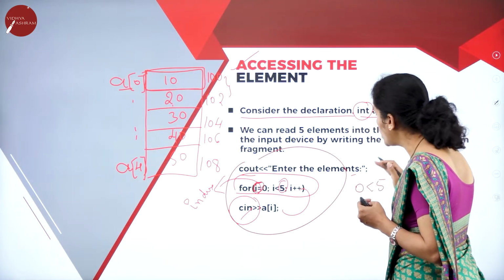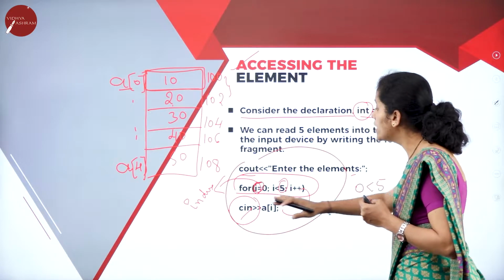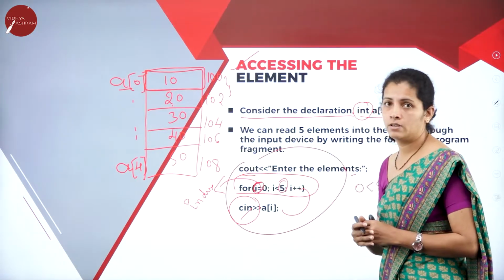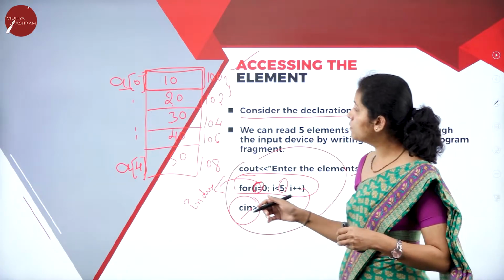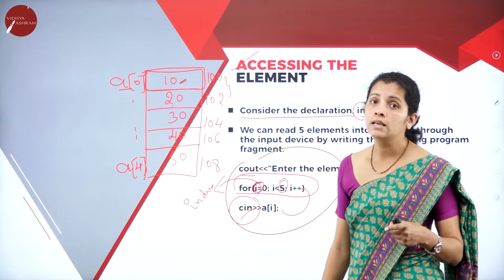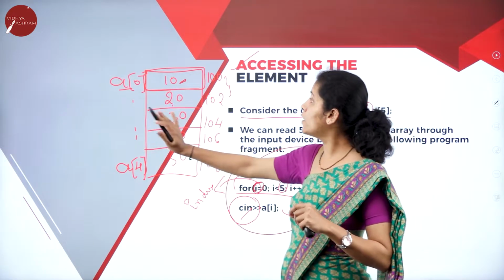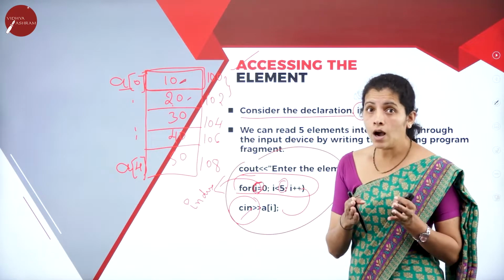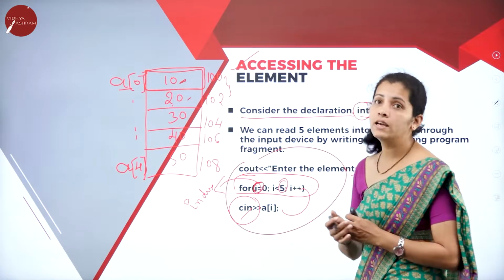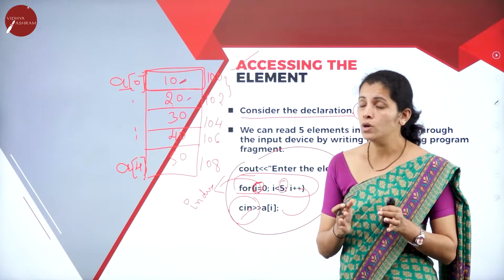If it is true, what do I want to do? I want to read the value and place it in that location. For example, think that I'm going to read 10 and store it at the location A of 0.